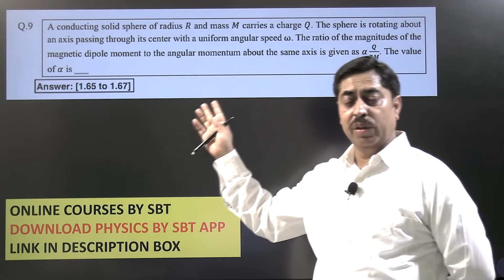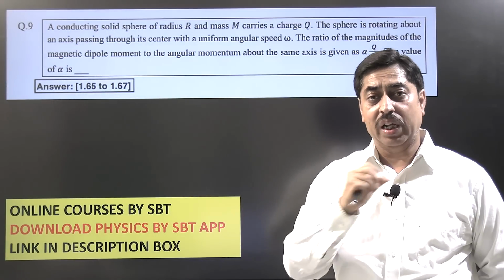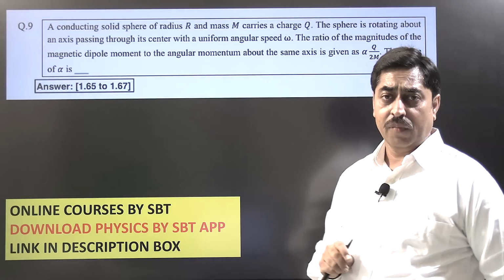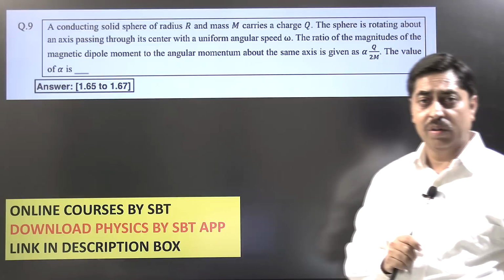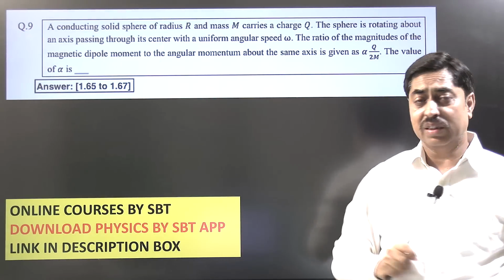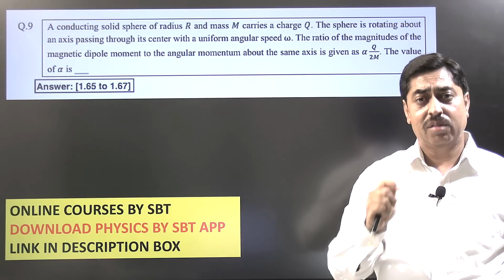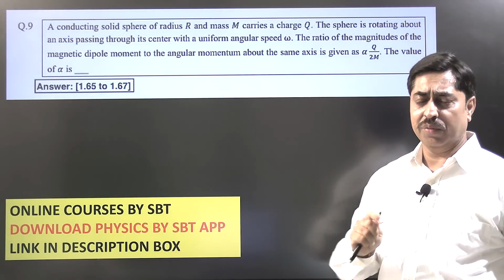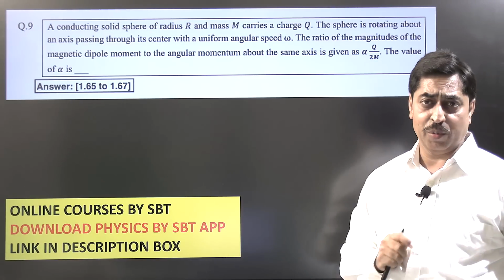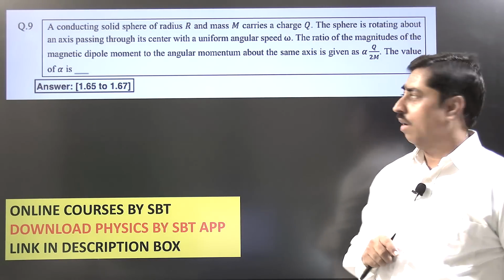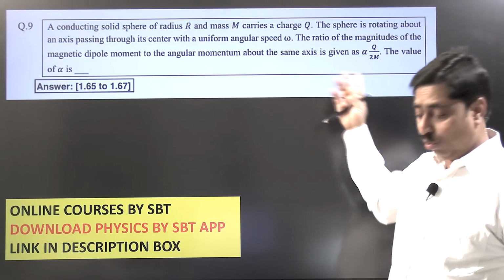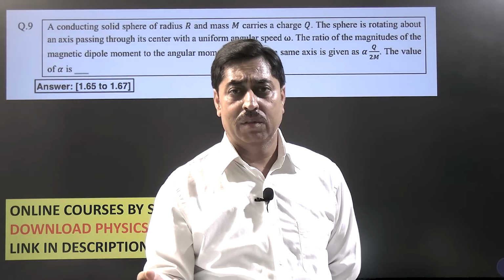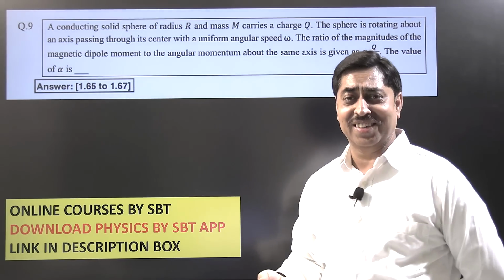So in this question, if we take into account the kinetic effect, then the question becomes very cumbersome and difficult to solve. So you should have maintained that consistency. You should have written there: assume that omega is small enough for charges to stay on the surface and remain uniformly distributed. You missed that. Had it been a question in JEE Main or NEET exam, nobody would have cared, because they have maintained consistency in that.